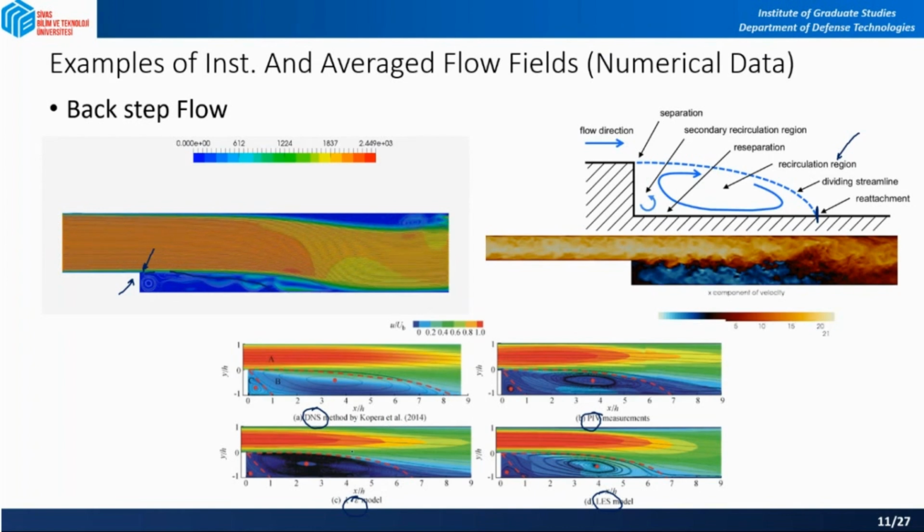Inside of this, as we said, there is a vortex, and the reattachment distance is very important for us, as I said. So you see a lot of irregularities. There is no very straight boundary.